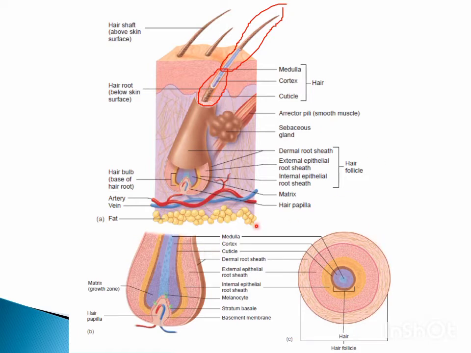So hard keratin, we know keratin is a tough protein because it contains sulfur that makes disulfide bridges or bonds, and keratin has the most disulfide bonds as compared to other proteins. So in hard keratin, the sulfur content is more as compared to the soft keratin.